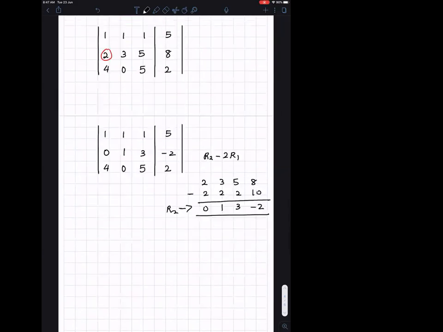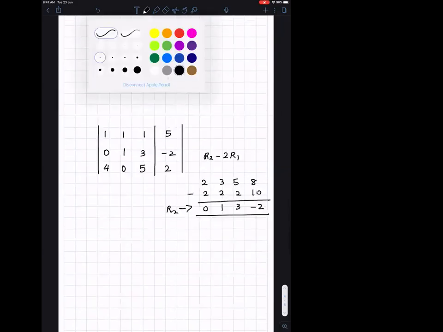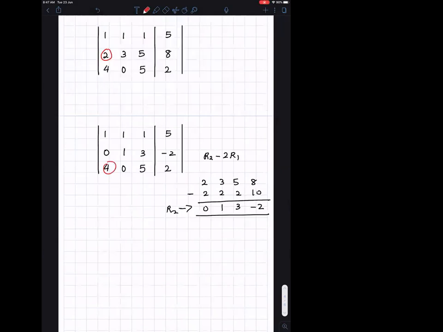So next, I'm going to make this go to 0. When I try to make this go to 0, maybe this will become non-zero, but it doesn't matter. You have to proceed this way. There's no other way. Once you try to make this go to 0, this will become non-zero, but it's okay.